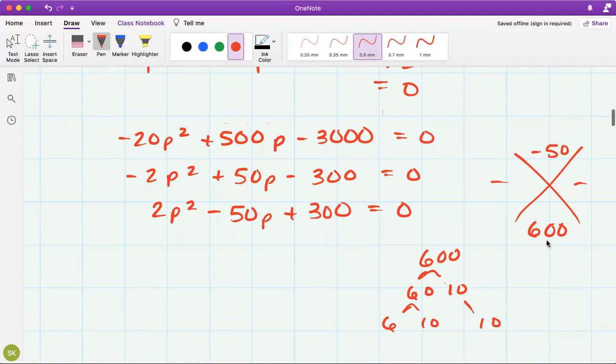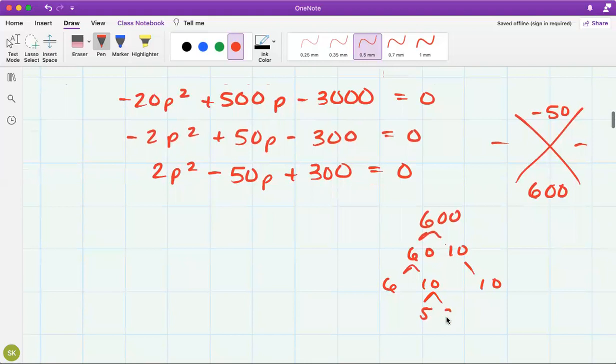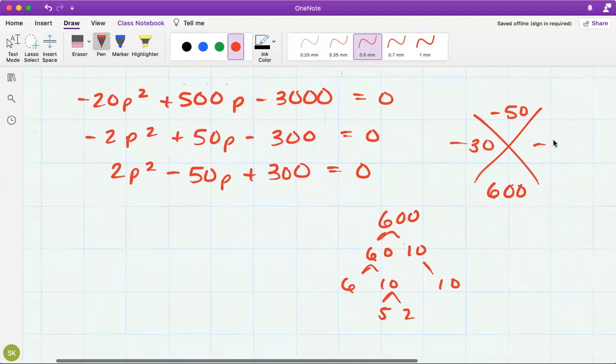They need to both be negative in order for them to multiply and give us a positive and add to give us a negative. So we can do, this is 5 and 2. I think 30 and 20 will work. If you multiply these two together, you get 600. And if you add them together, you get negative 50.